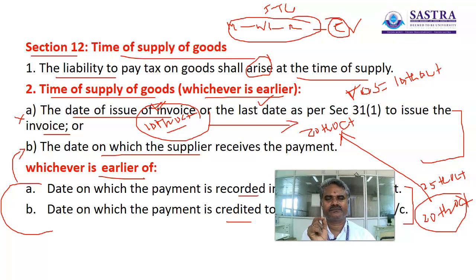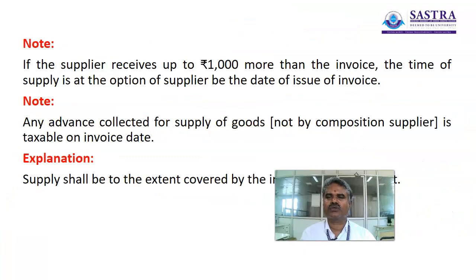Hope you understand how to find the time of supply. Okay, good. Next, note: if the supplier receives up to 1,000 more than the invoice, the time of supply is, at the option of the supplier, the date of issue of invoice. That is very, very important.